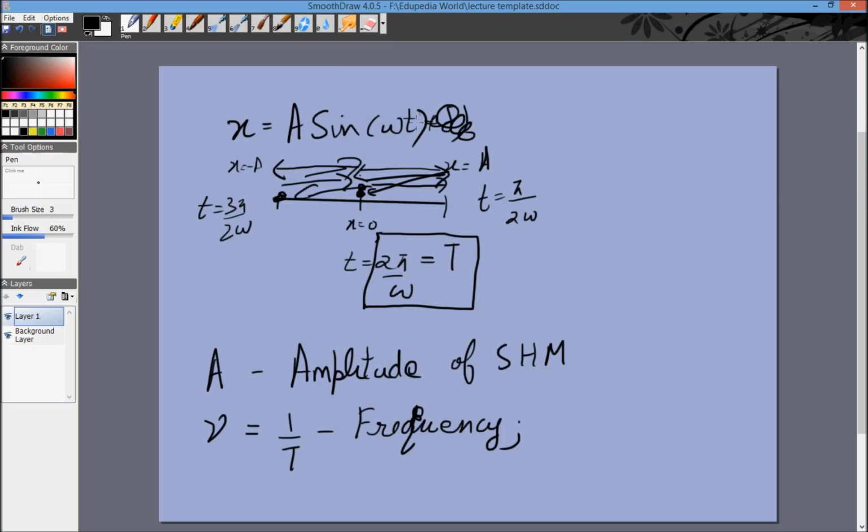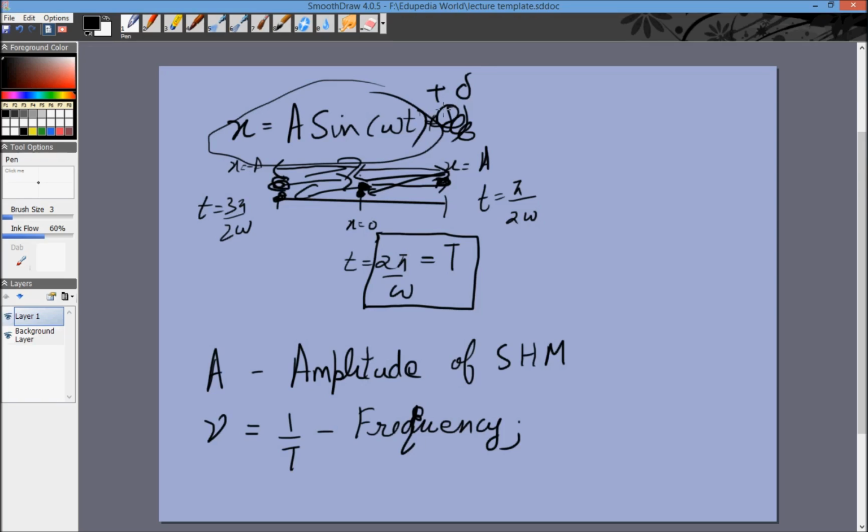Finally, let's go to delta. In this case, if this is the equation, then there is no particular initial condition other than the fact that x is equal to 0 at t is equal to 0. But if we add a delta, then that delta would change a lot of things. If that delta was pi by 2, then it started at this extreme position. If that delta was 3 pi by 2, then it started at this extreme position.